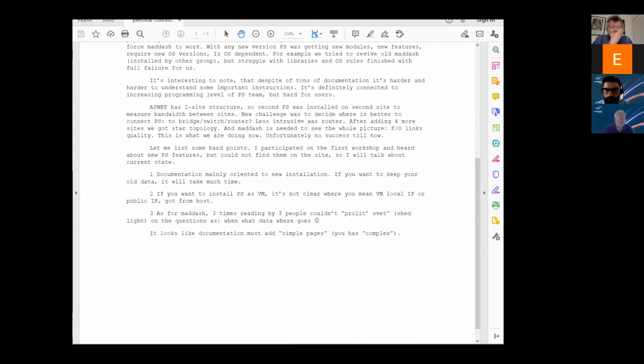We see many attacks on our perfSONARs, and sometimes the perfSONAR will get stuck after this attack.